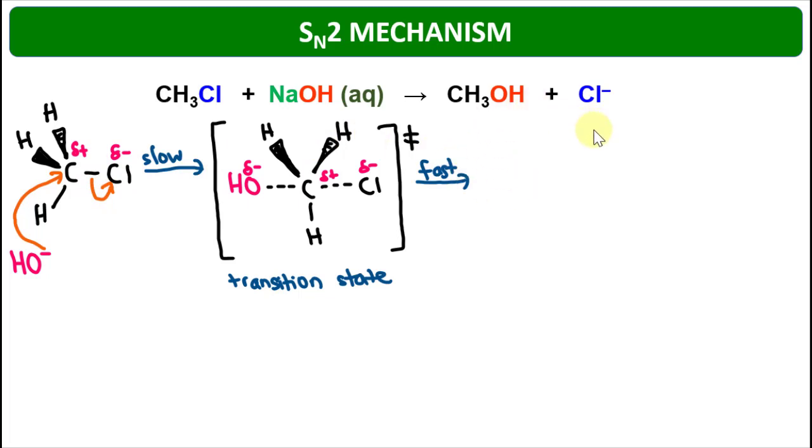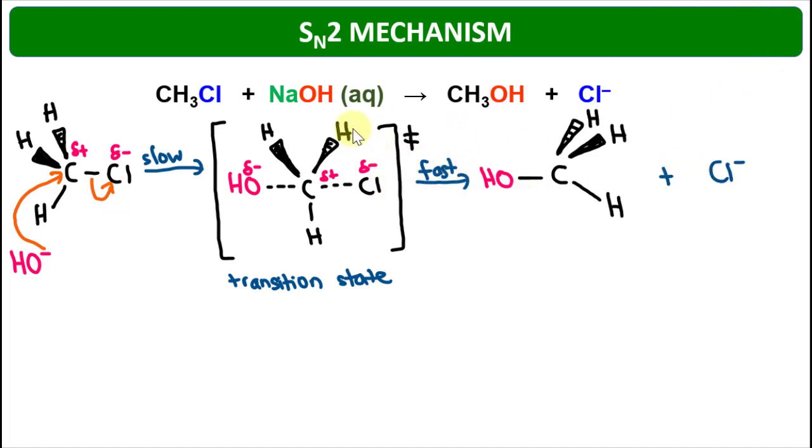So we show the product in the form of inverted configuration. It is much like a strong wind inverting an umbrella. The configuration of the product is inverted relative to the configuration of the haloalkane. And also here we will get our chloride ion.